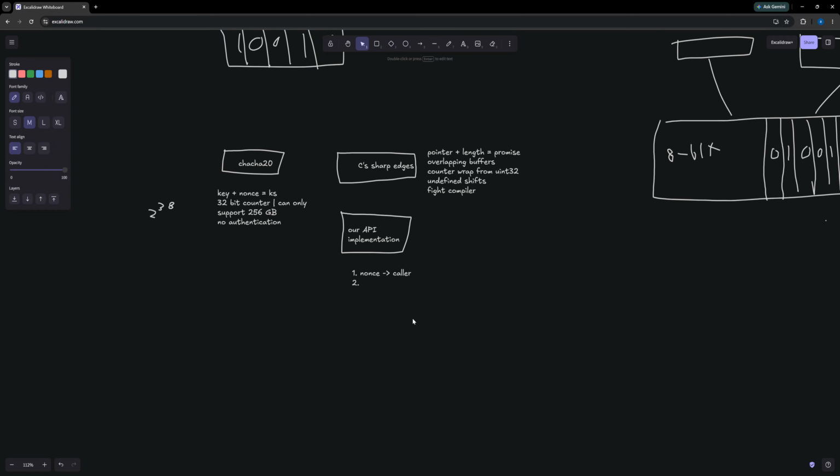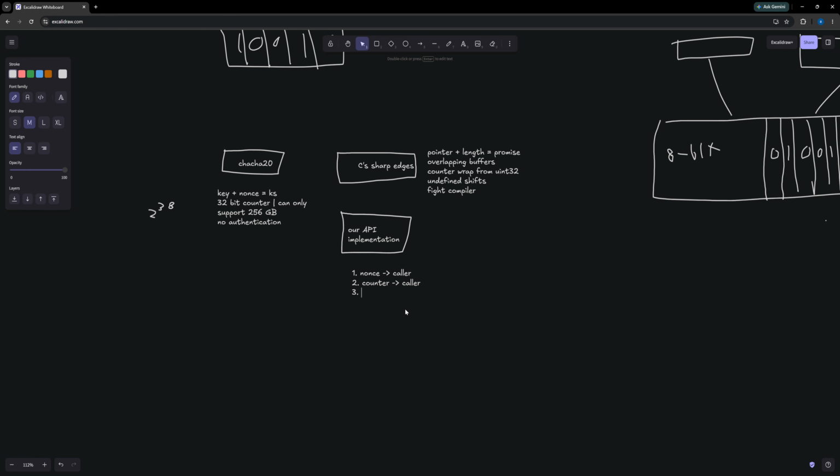Who owns the counter allocation would be the caller. The person calling this function is responsible for ensuring that the key and nonce pair are never overlapped.